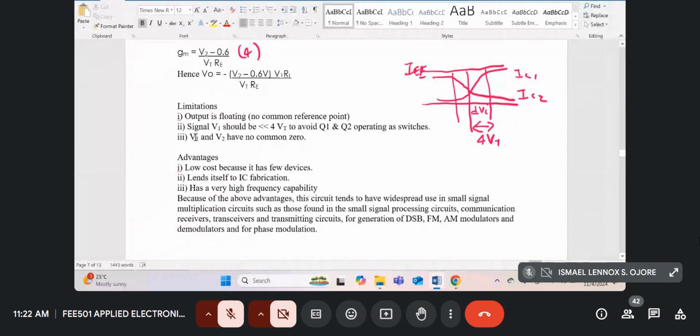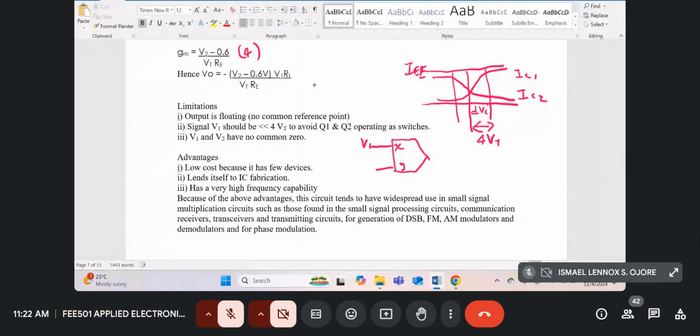Then also signal V1 and V2 do not have a common ground. That's what we mean. If this is, let's assume this is the representation of that multiplier, and this is our X, Y. So this is our signal V1.